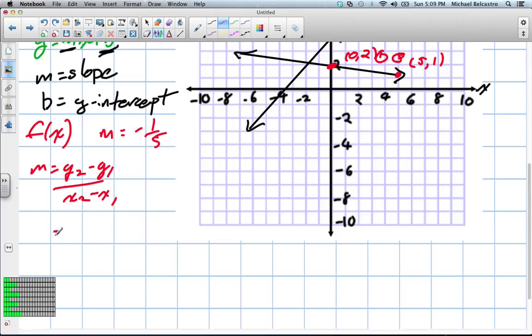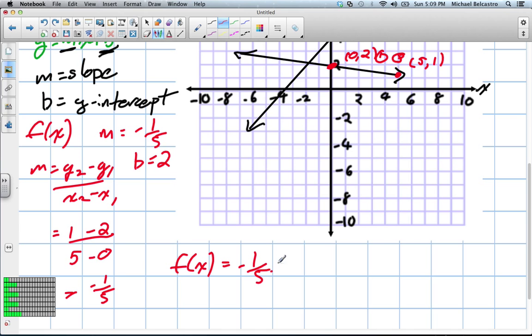So y2 is 1, y1 is 2, x2 is 5 and x1 is 0. 1 subtract 2 is negative 1 over 5. So that's exactly what our slope is. And our y-intercept was positive 2. So f at x, or y, is equal to negative 1 over 5x plus 2.